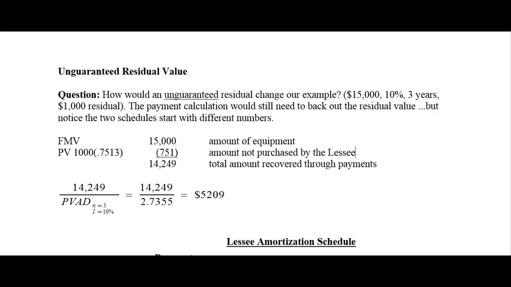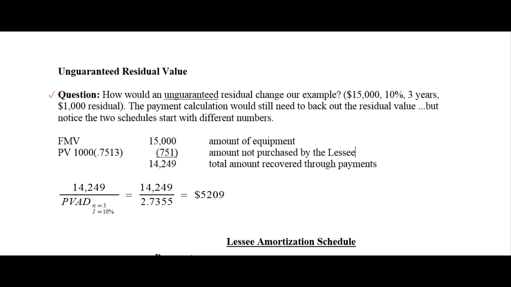I've changed our continuing example to deal with this scenario. We still have a $15,000 piece of equipment, a 10% interest rate, and 3-year lease payments due at the beginning. And there is a $1,000 residual, but it is not guaranteed.